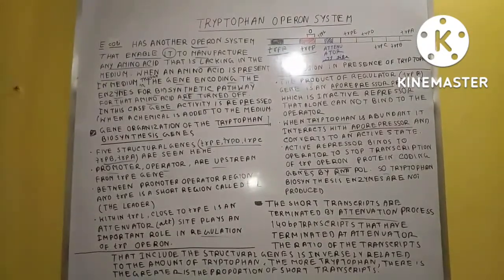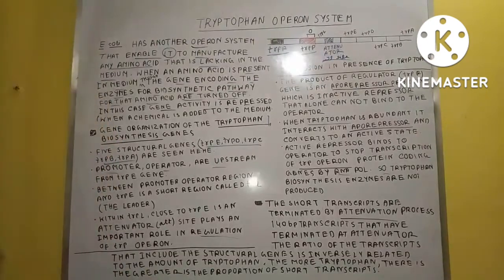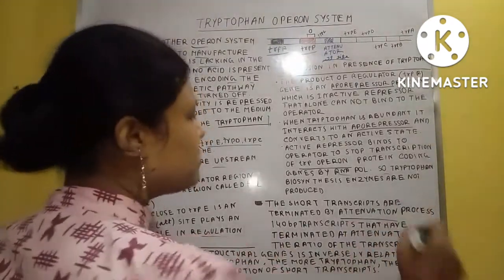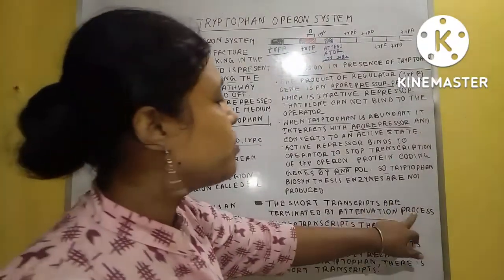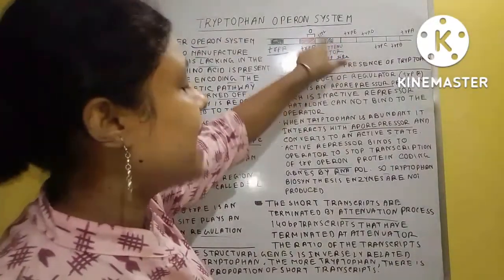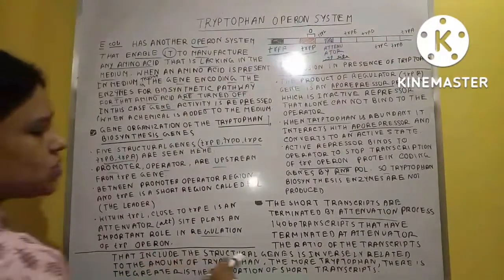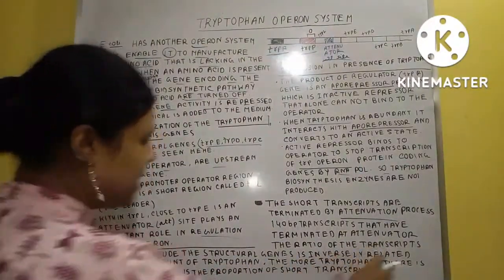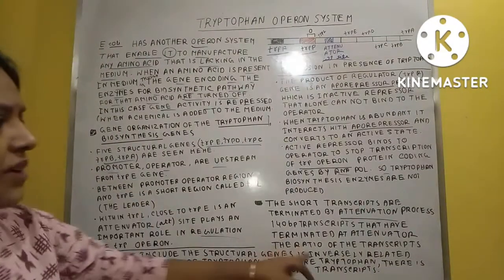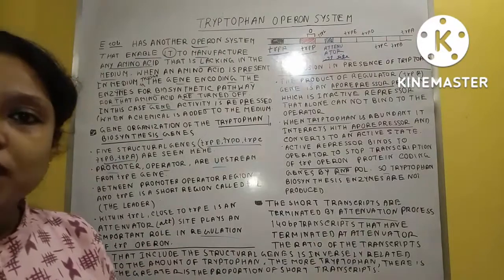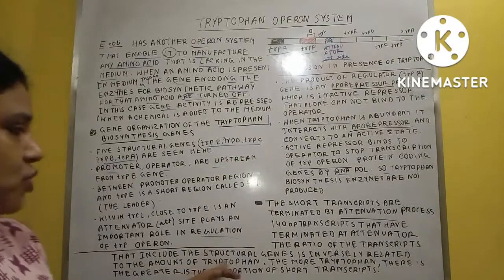What is the actual function of the attenuator? We just learn it very shortly. The short transcripts are terminated by the attenuation process, at the site of the at site, or the attenuator site. The ratio of transcripts that include the structural genes is inversely related to the amount of tryptophan in the medium.